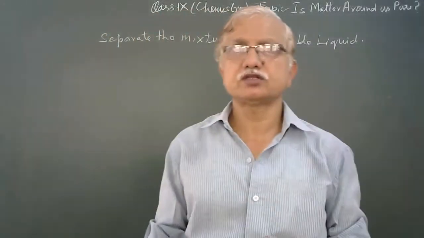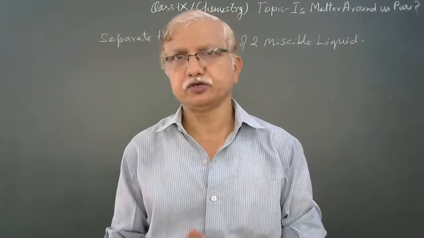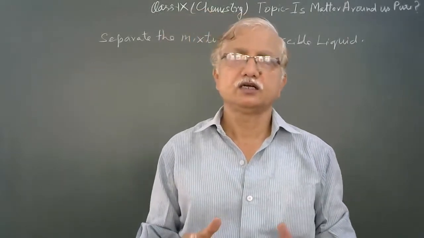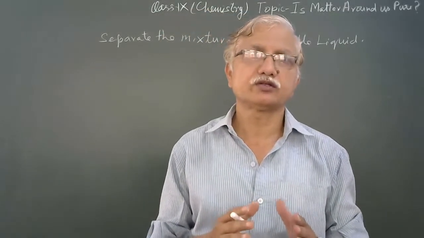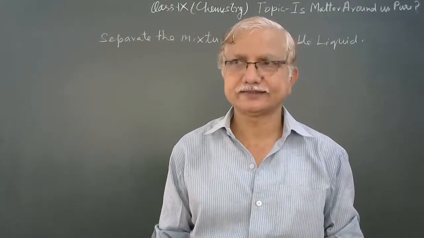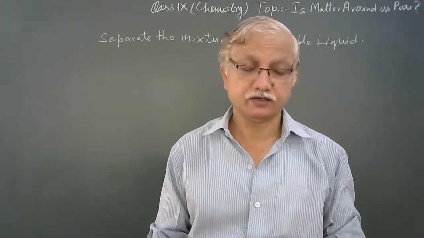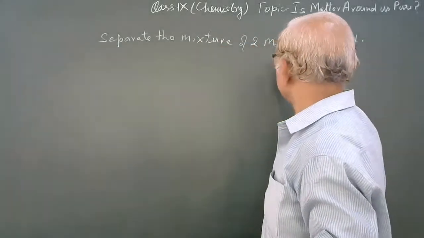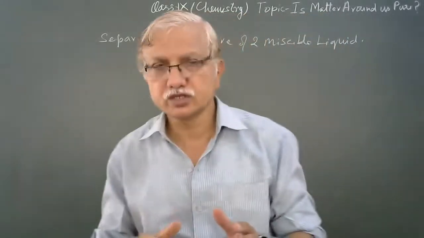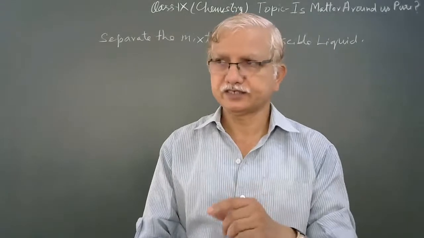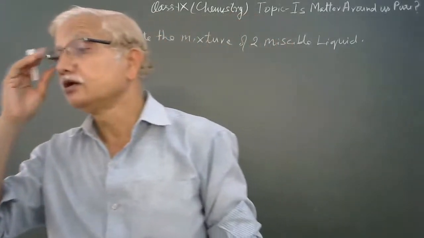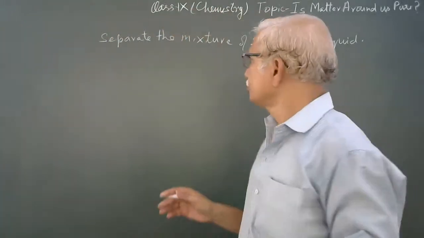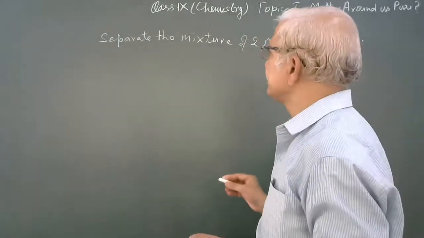Yesterday, before this on Friday, I explained how to separate two immiscible liquids with the help of a separating funnel. But now I am telling you how to separate a mixture of two miscible liquids. Correct? So let's take examples of two miscible liquids.